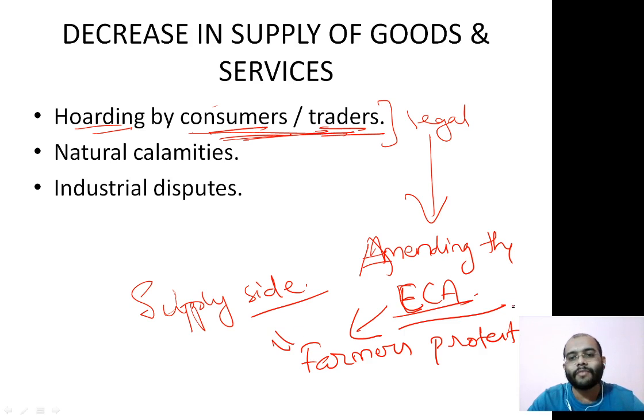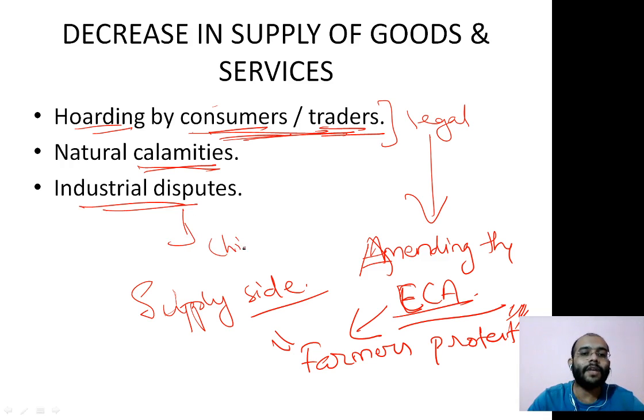In line with it, the farmers are protesting, the farmers agitated against the government. Natural calamities will lead to a crunch in supply chain, leading to inflation. Industrial disputes or trade wars will definitely give rise to inflation, like the world is witnessing inflation because of China and US trade war. Definitely this will lead to rise in inflation or increase in prices of goods and services.